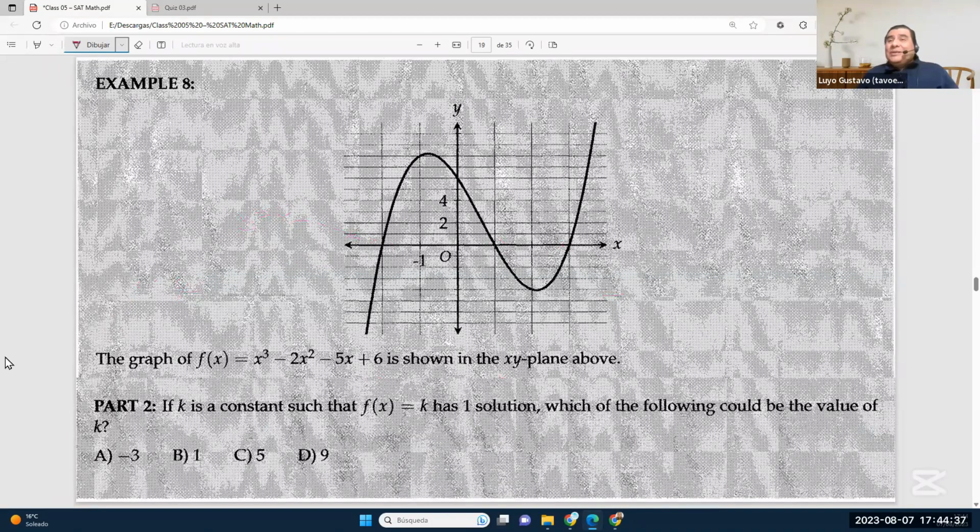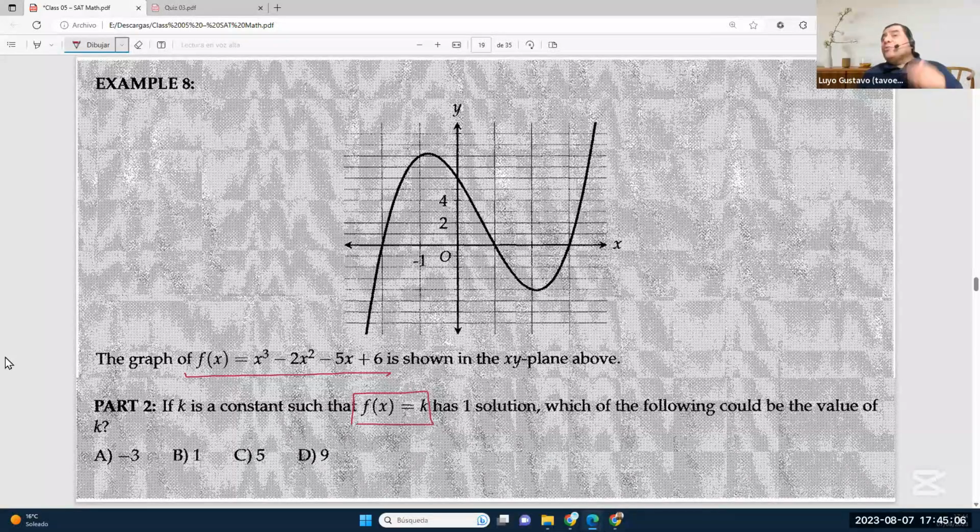If they give you a graph of a function and ask you to solve f of x equals k, it means find the number of intersections between the function f and the line y equals k.